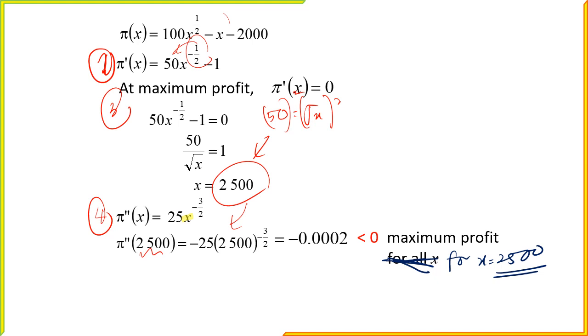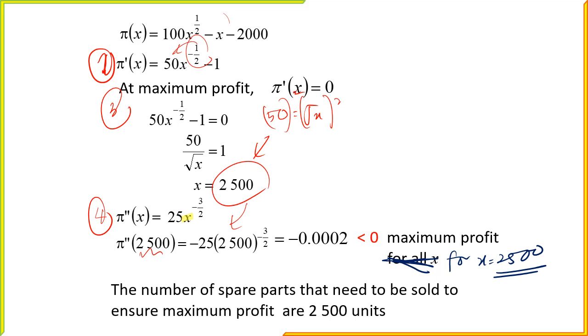So we have the maximum profit when the production is 2500 units. And this is the number that we need to produce or sell in order to get the maximum profit. So we can do the conclusion here: the number of spare parts that need to be sold to ensure maximum profit is 2500 units.